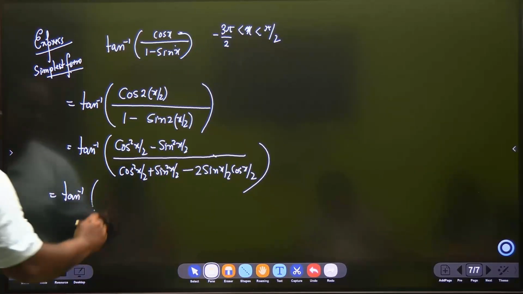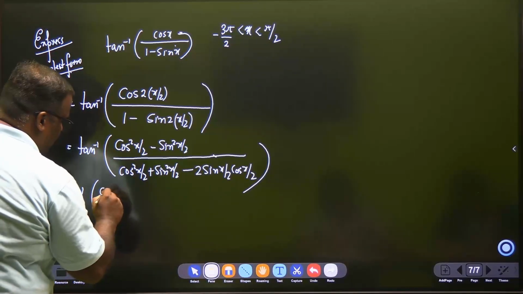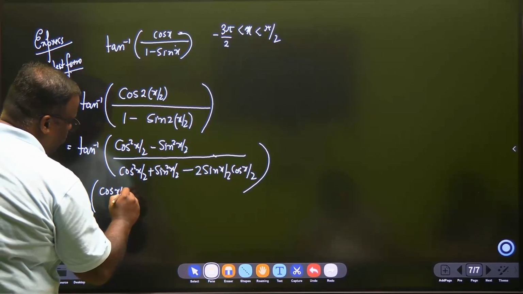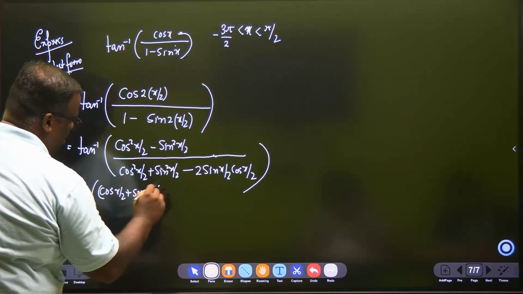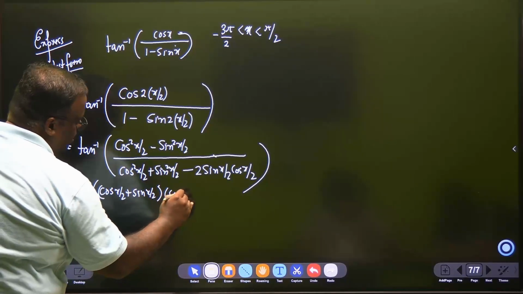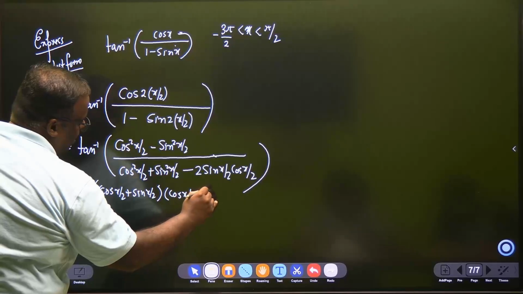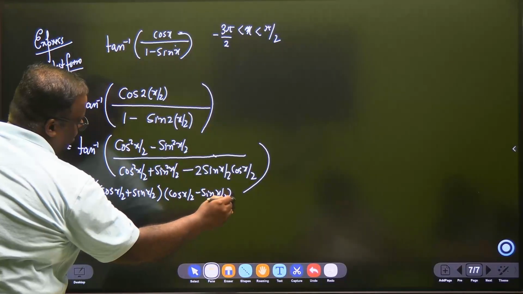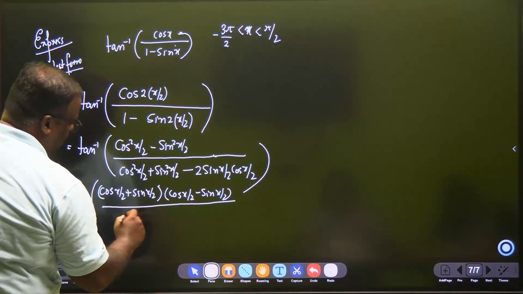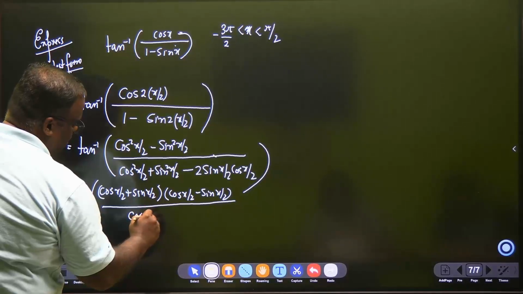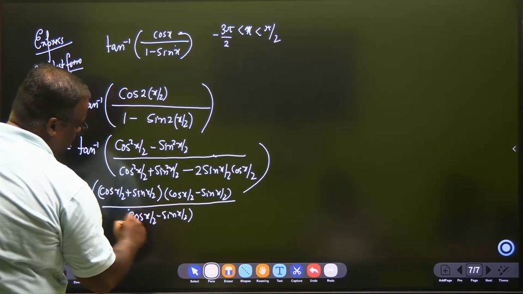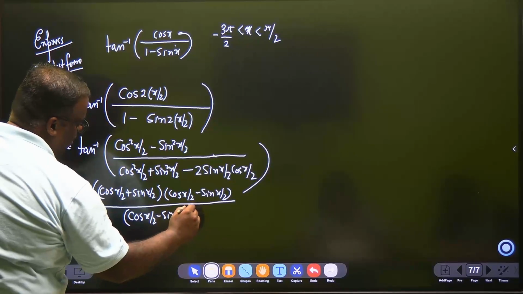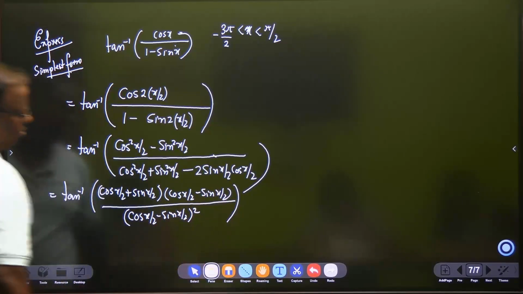Tan inverse: this breaks up as cos x by 2 plus sine x by 2 into cos x by 2 minus sine x by 2, and here it is cos x by 2 minus sine x by 2, then whole square.